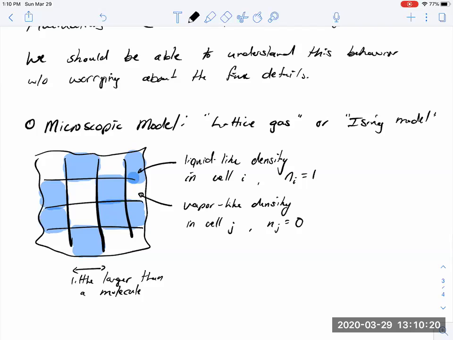Now, we know that liquids form because of favorable interactions that bring molecules together, cause the density to increase. So we'll say that neighboring cells that are both liquid-like have an attractive energy minus epsilon. But that's only between liquid-like cells.